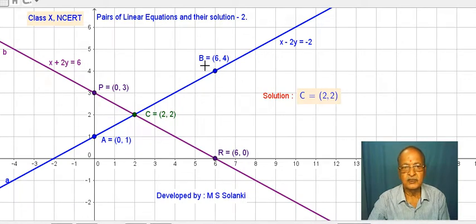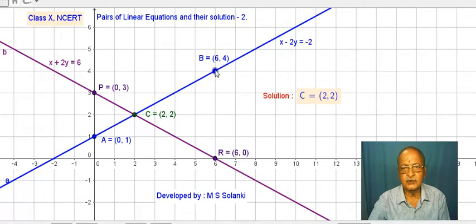One more, we will select some point, 6. Suppose here x is equal to 6. Take this 6 to the other side, you will get minus 2 minus 6, that is minus 8. 2y is equal to minus 8, so y is equal to 4.